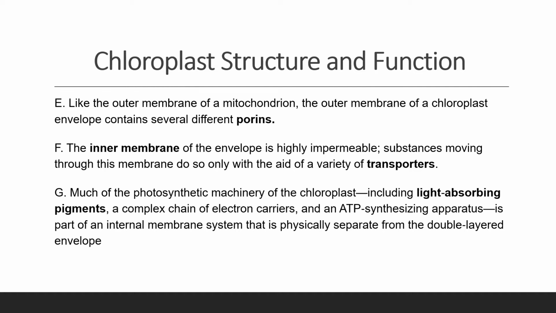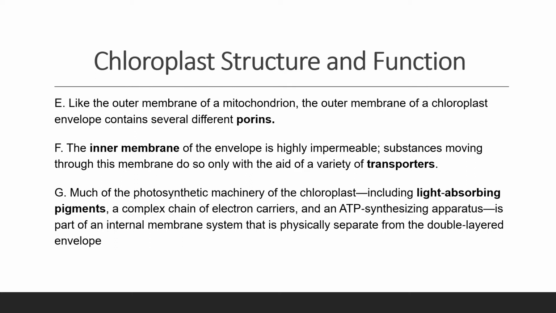The inner membrane of the envelope is highly impermeable, and substances moving through this membrane do so only with the aid of a variety of transporters. If you compare it with the plasma membrane, it also has transporters that help let other molecules go in and out of plant cells.